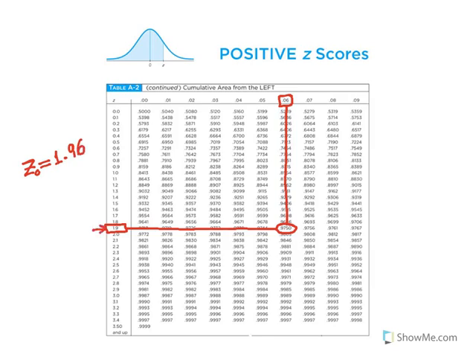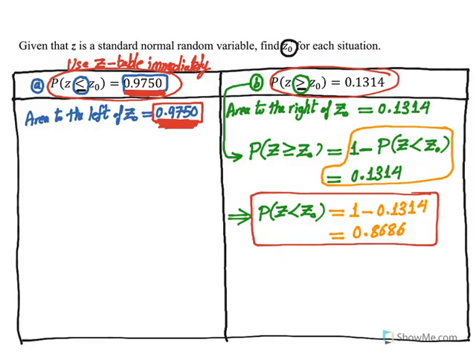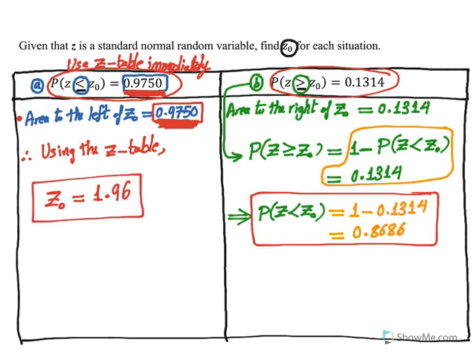This is 1.9 here, and this is 0.06. Together they give you 1.96. So you go back and you say area to the left of Z0 is this. So therefore, using the Z table immediately, we know that Z0 is equal to 1.96.